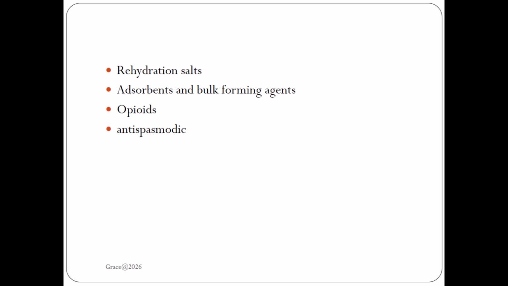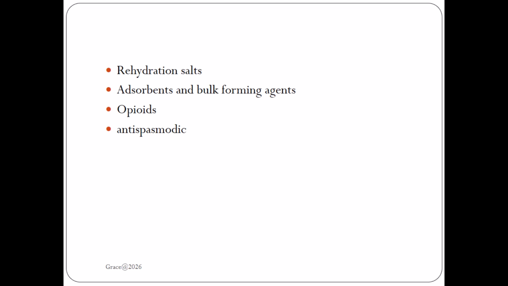So one of the drugs that you may need to use, we have rehydration salts. When we look at the cause, the signs and symptoms, we said there was dehydration. So since there is dehydration, we may need to use rehydration salts in managing your patient. Then we also have opioids. We have adsorbents.